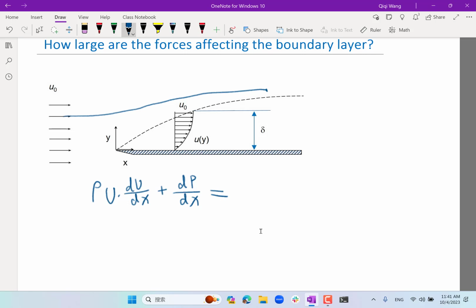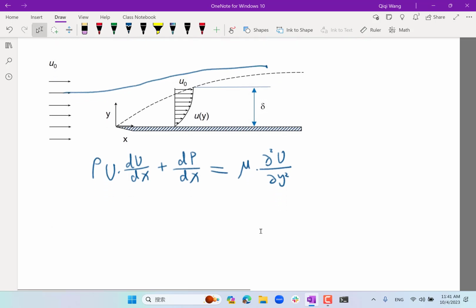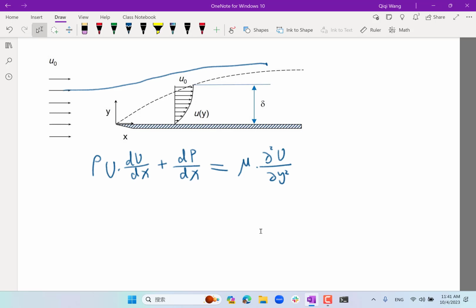But in this case, we also have a viscous force, so let's add the viscous term, the second derivative of velocity with respect to y, here. I should make the left-hand side all partial derivatives because now my velocity is a function of x and y.